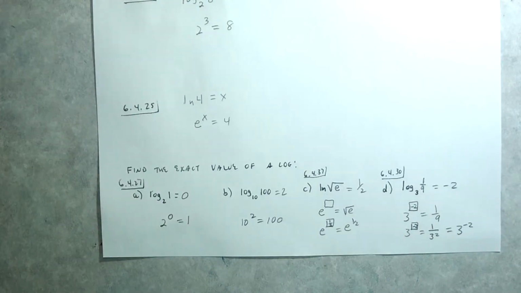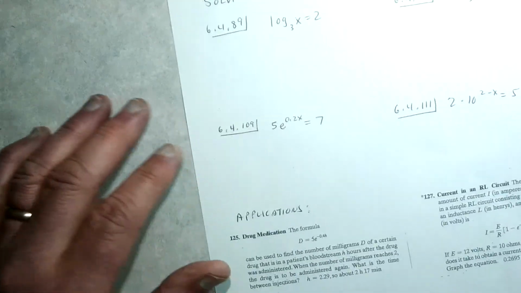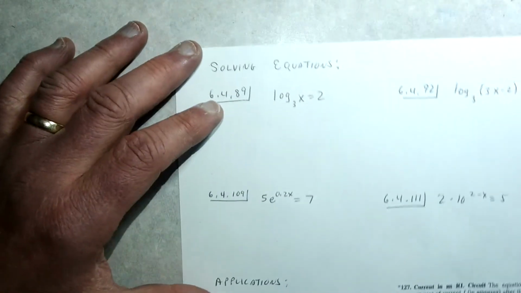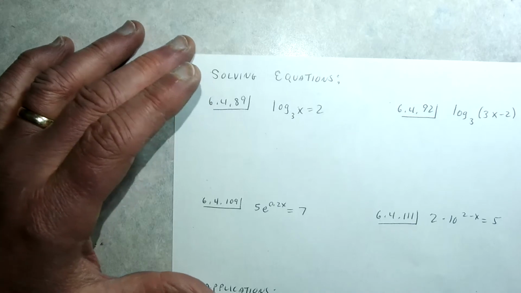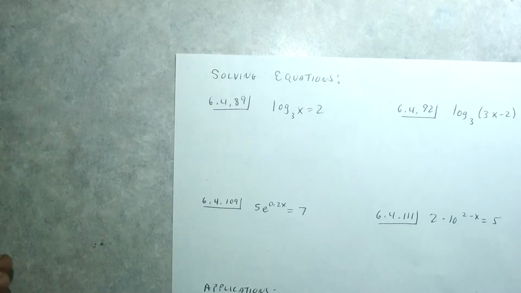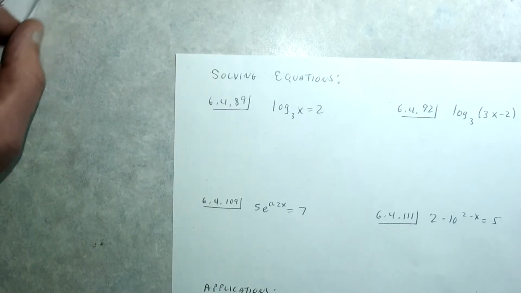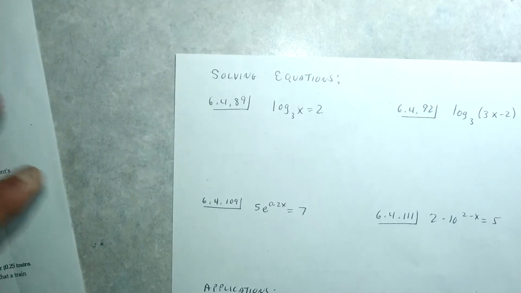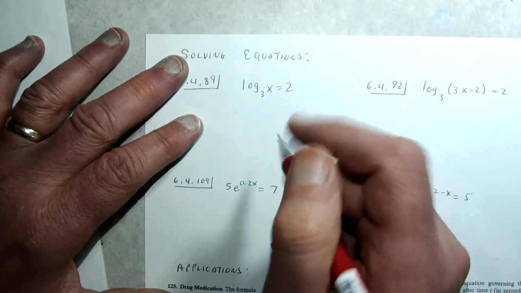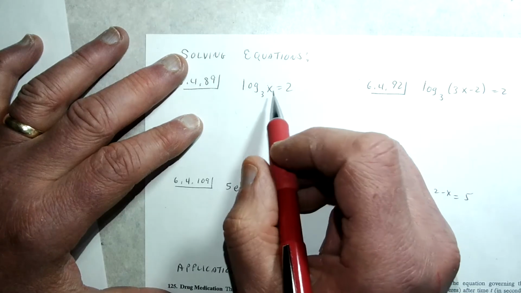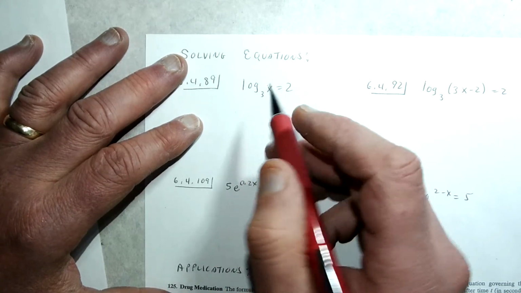Okay, let me flip this paper over and we'll take a look at what else is in 6.4. There are going to be some log equations, and we're going to be able to use our relationship between logs and exponentials to go ahead and solve these. For example, on this problem right here, I don't know x, but I can say this.